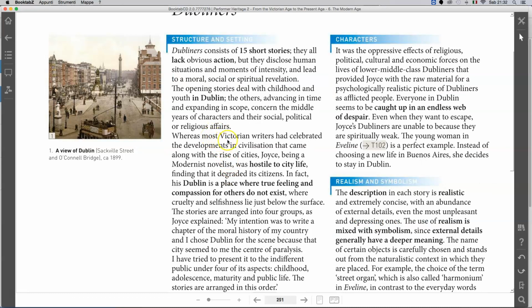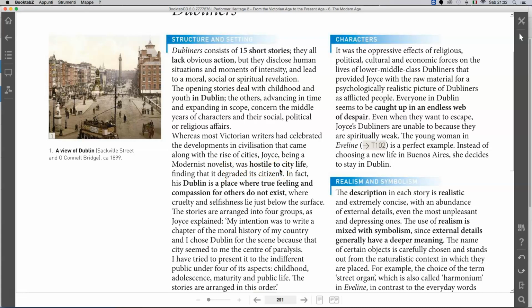We have to say that while most of the Victorian writers had celebrated the development of English civilization and the rise of the city, Joyce, who was a modernist novelist, was actually hostile to city life.